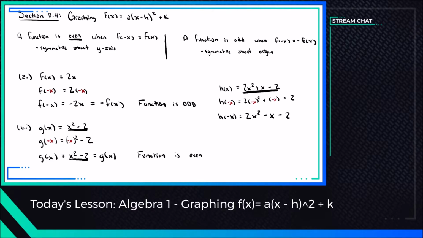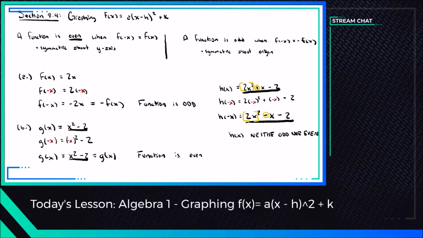Notice that this doesn't resemble the first function at all, because this plus sign right here got changed to a negative. But this original x squared stayed positive. So this function is neither odd nor even. So a function can be odd, a function can be even, and a function can be neither.